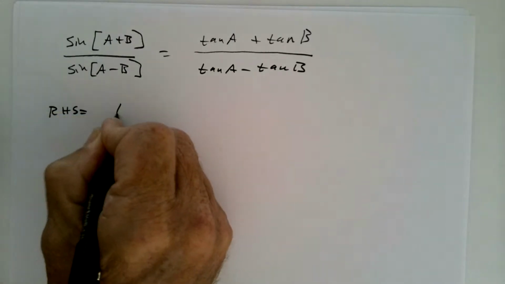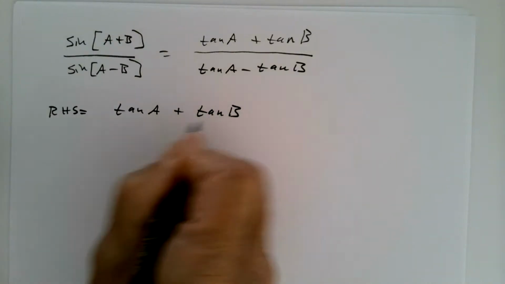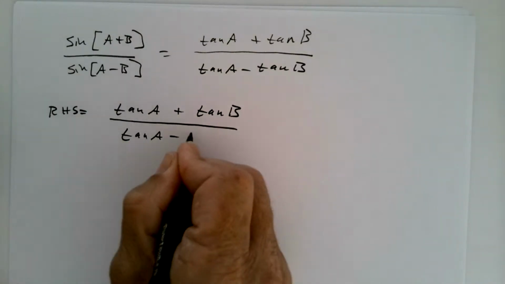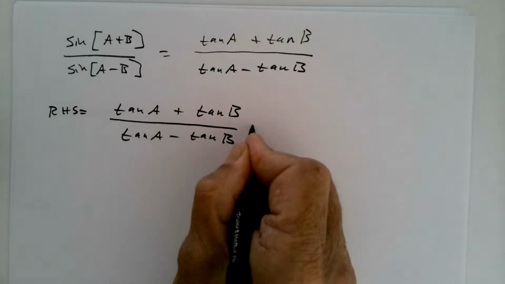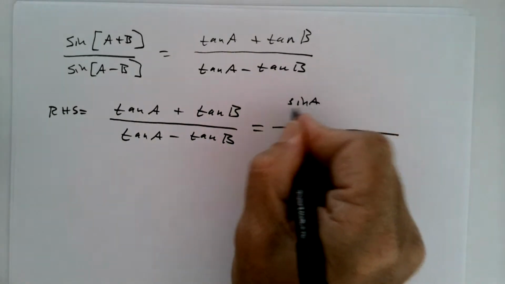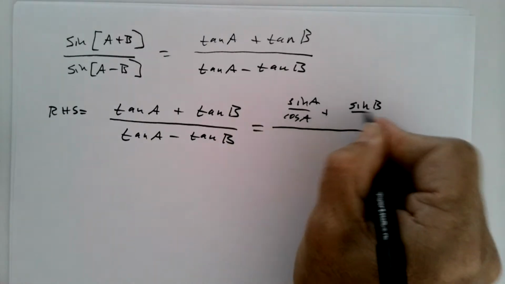So right-hand side is tan a plus tan b divided by tan a minus tan b. Turn it into sines and cosines. Sine a over cos a plus sine b over cos b.